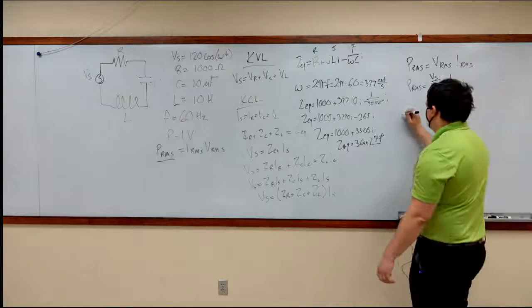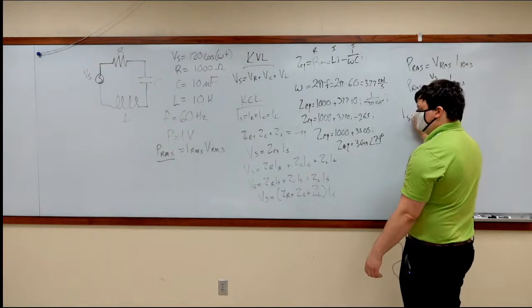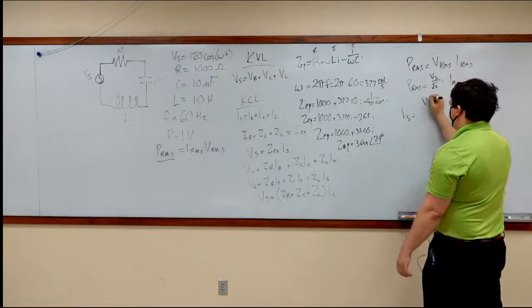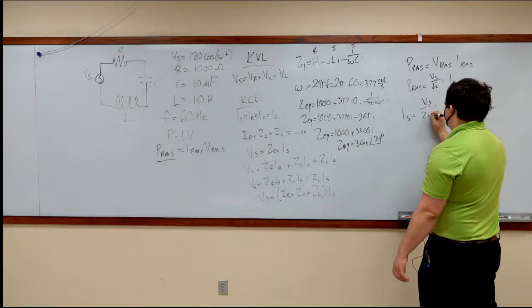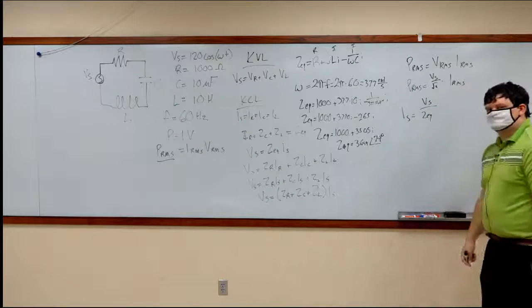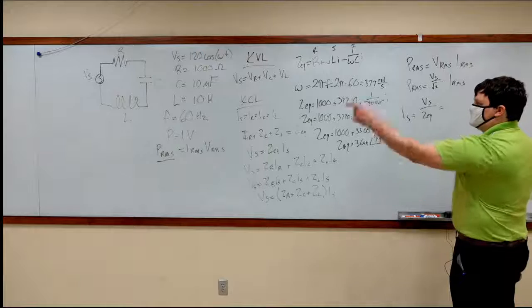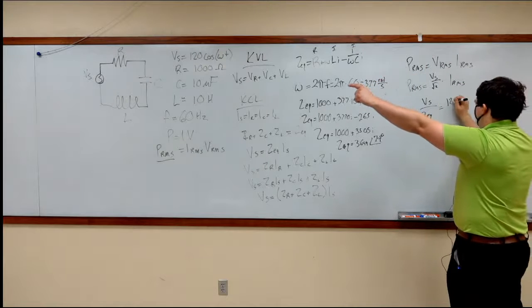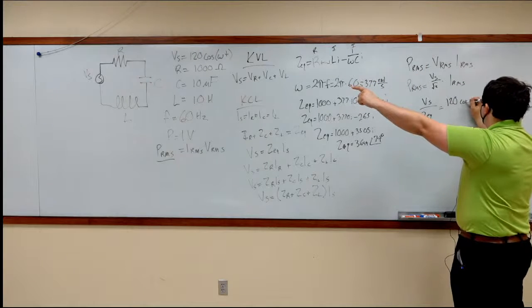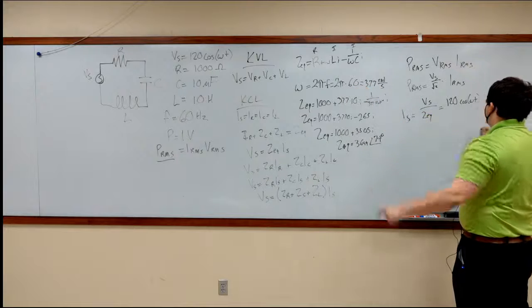So IS is equal to VS divided by ZEQ. VS is 120 cosine omega t.